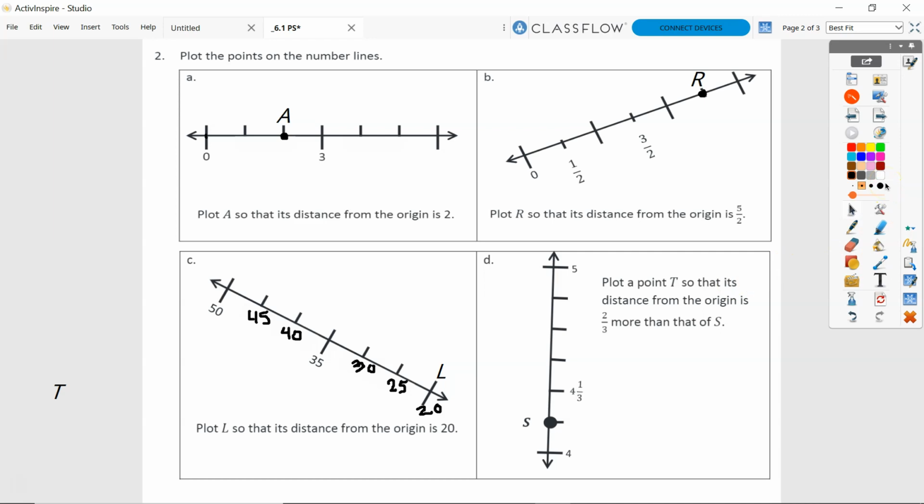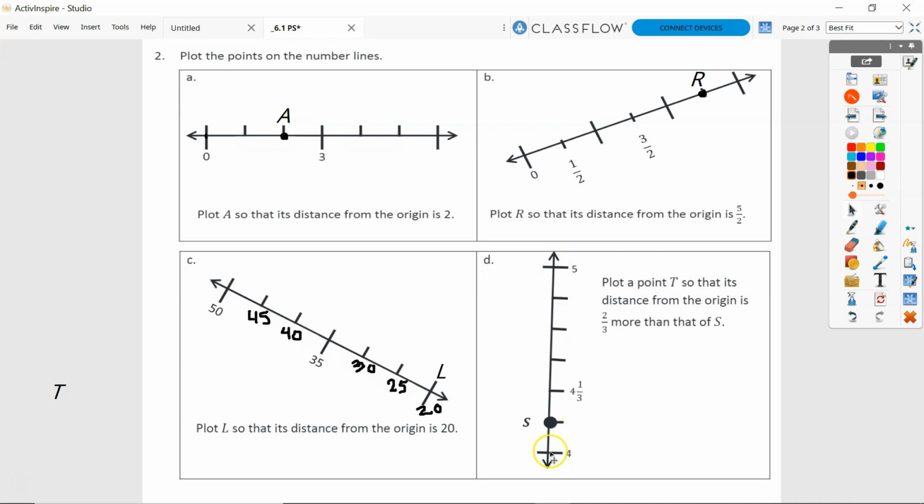All right. 2D says plot a point T so that its distance from the origin is 2/3 more than that of S. I notice here that on this number line, I have 4, and then I have 5 all the way out here.